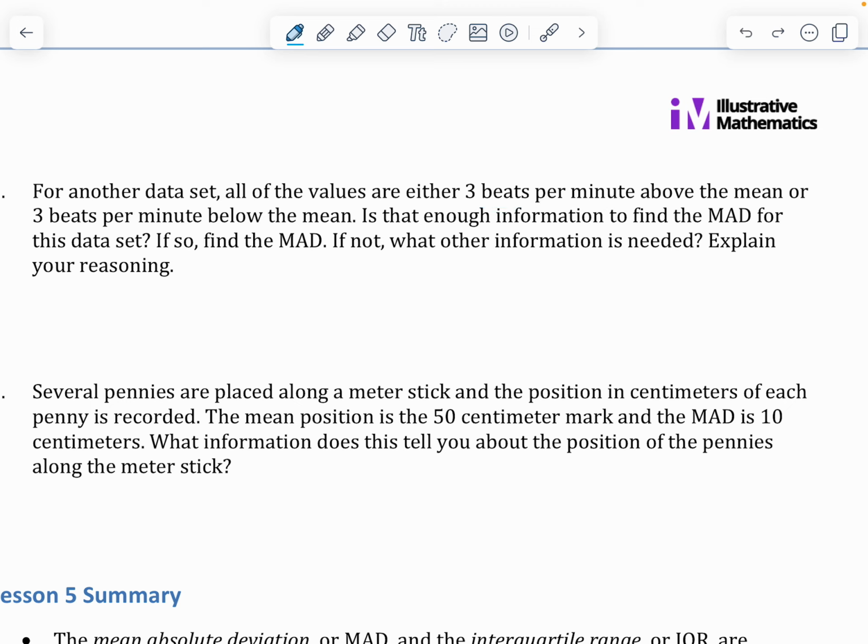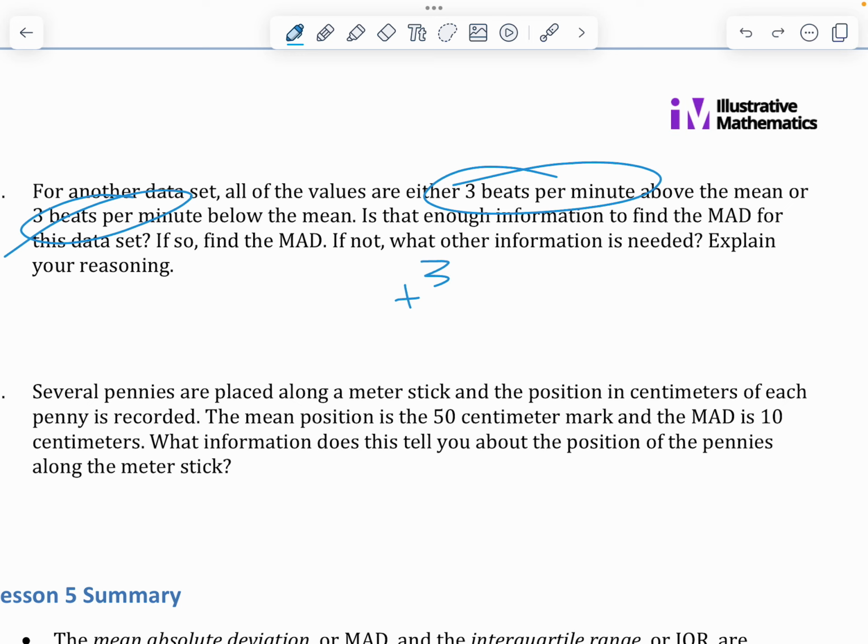Okay, so this says all the values are either 3 beats per minute above the mean or 3 beats below the mean. Well, that's probably kind of easy to figure out, because you're saying I'm going to add up 3 on the positive side and 3 on the negative side.